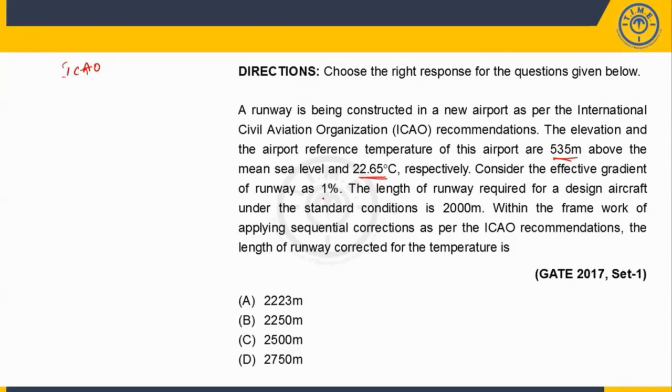Effective gradient of runway 1%. Length of runway 2000 meter. The length of runway for corrected temperature is asked.